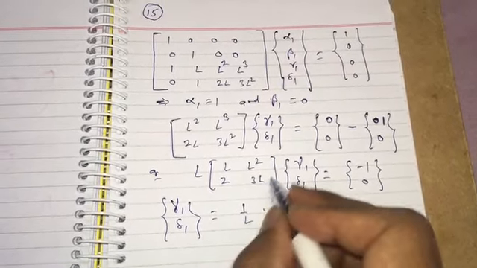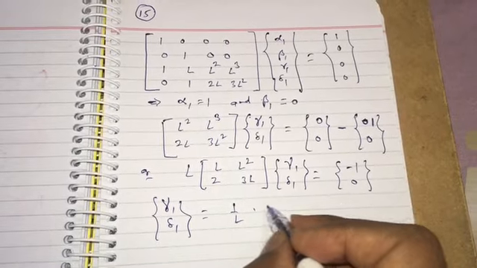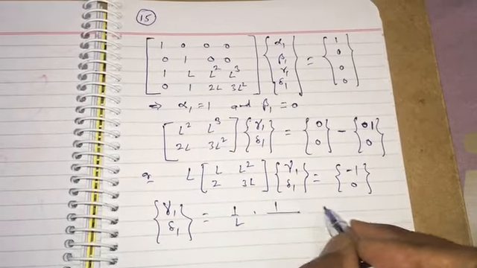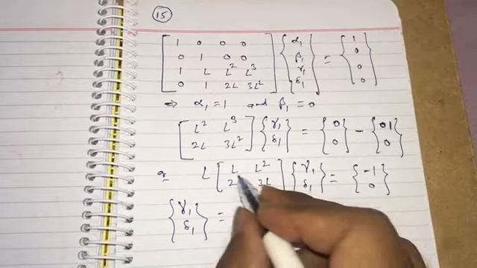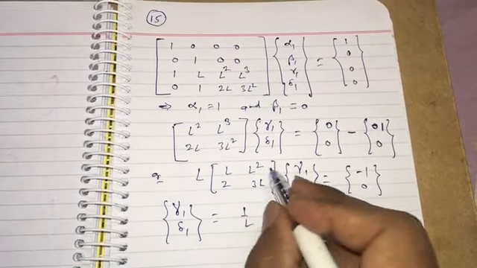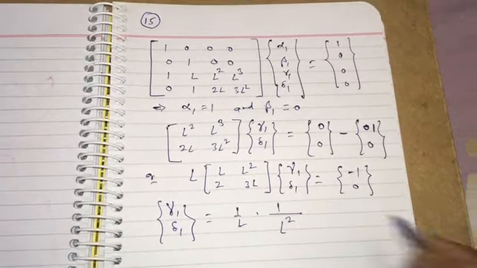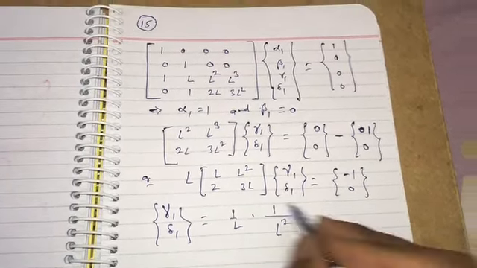Now we can find gamma 1, delta 1, equal to 1 over L, and then the inverse of that matrix, which is 3L² minus 2L², so L² is the determinant.